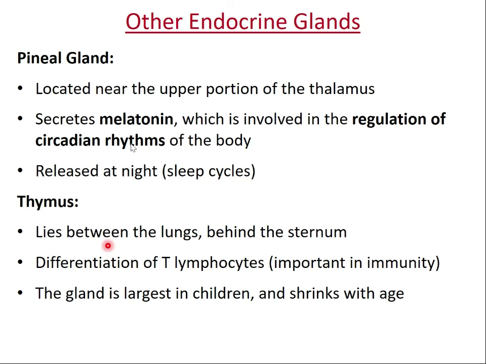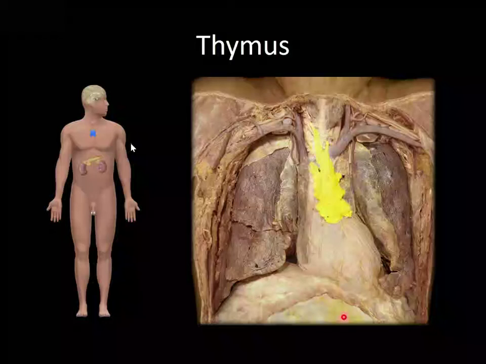And then we have the thymus. The thymus lies between the lungs behind the sternum. It's a structure that, as I mentioned, is more prominent in children and less prominent in adults. The function of the thymus is to help differentiate T lymphocytes, which are important for immunity. It is largest in children and shrinks with age.